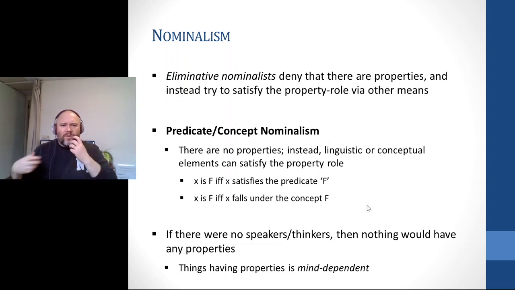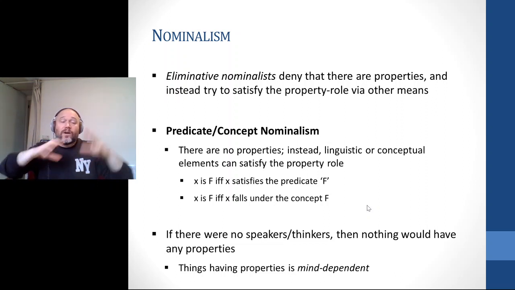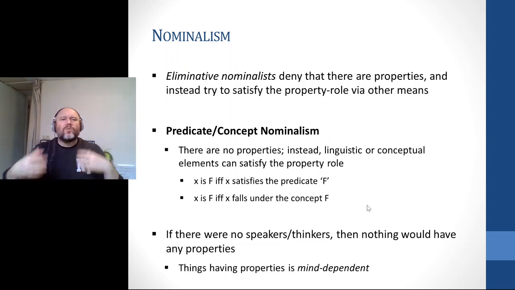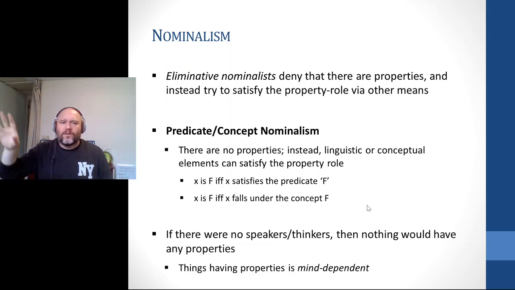And then what the predicate and conceptual nominalists try to do is use either predicates or concepts to explain away the apparent motivations behind the one over many argument, the quantificational argument, and the reference argument. Now, whether they're successful or not here is an interesting challenge.